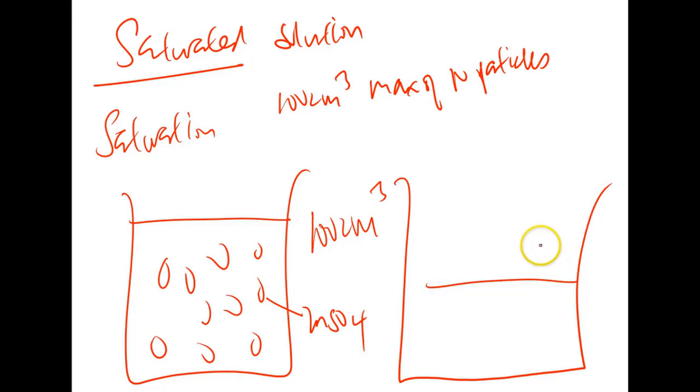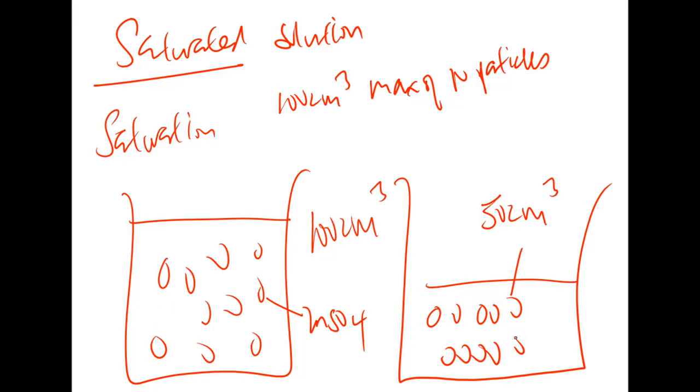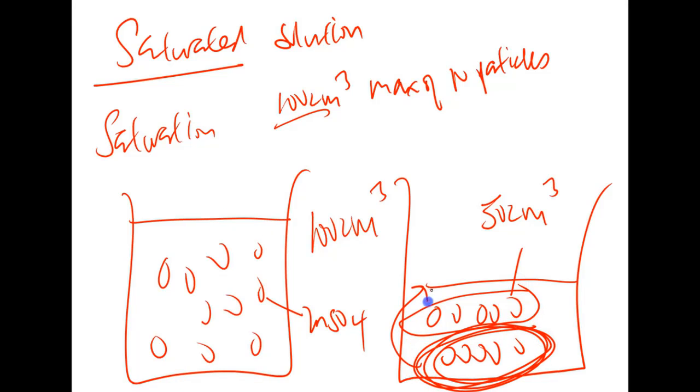If I evaporate off half of the water, now this is 50 cm3, and I still have 10 zinc sulfate particles inside. But 100 cm3 can dissolve 10. How many can 50 cm3 dissolve? It can only dissolve 5, which means the other 5 will come out of the solution as crystals.